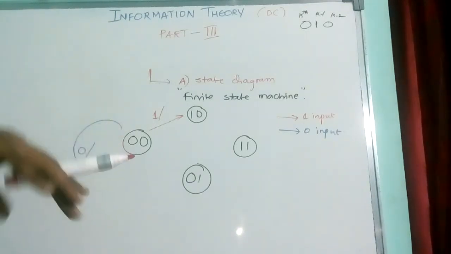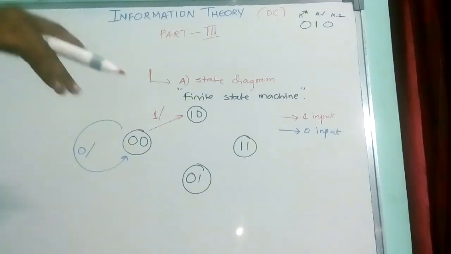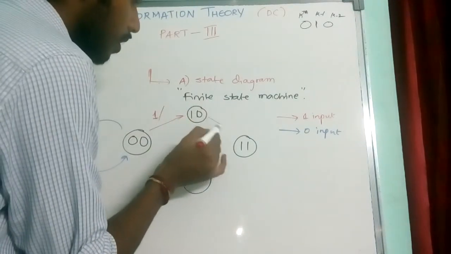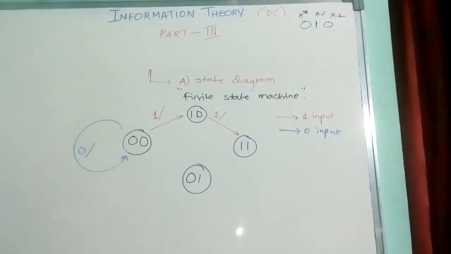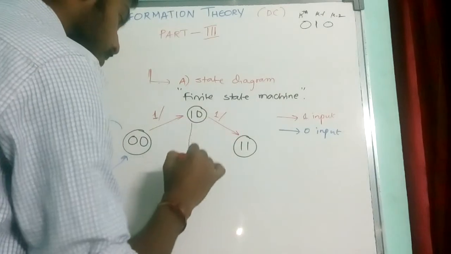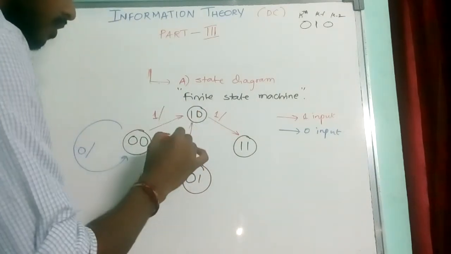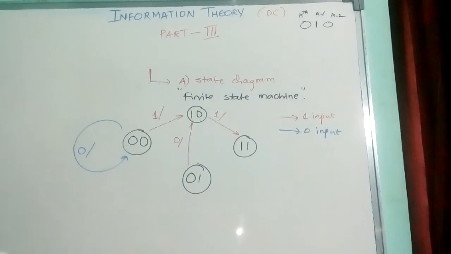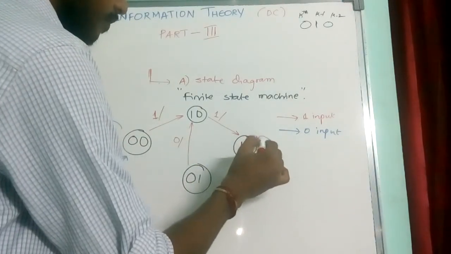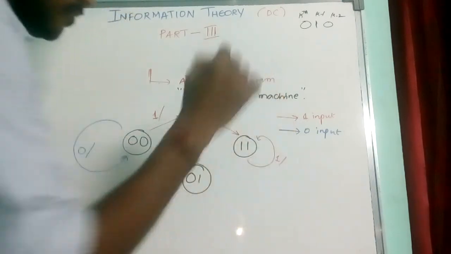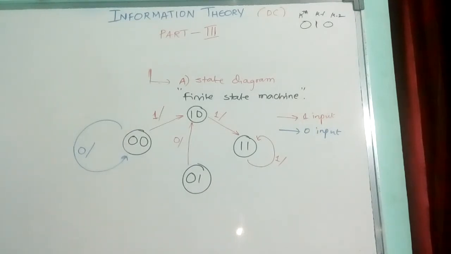Whenever I get the input 1, it moves to the next state, the 11 state. Whenever it encounters 0, it moves to the 01 state. Again, whenever it gets 1 at the 11 state, it stays in the same state. Whenever it gets a 0 input, it moves to the 01 state.